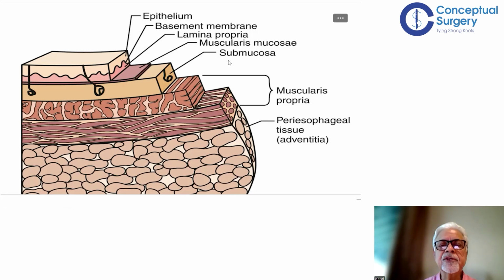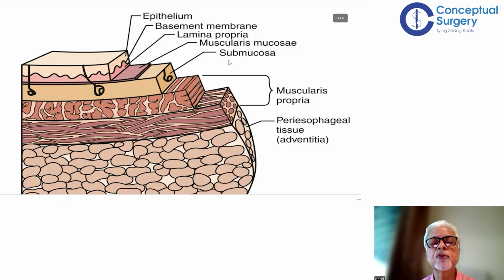The lesions which are occurring from the epithelium to the submucosa generally protrude within the lumen of the bowel, whereas the lesions which are occurring in the muscularis push the mucosa inside and present as some kind of a filling defect.